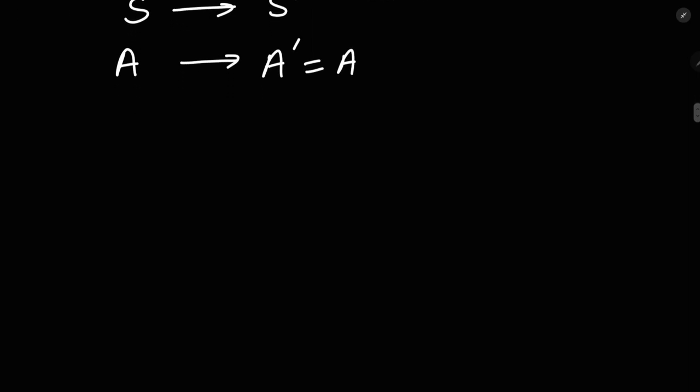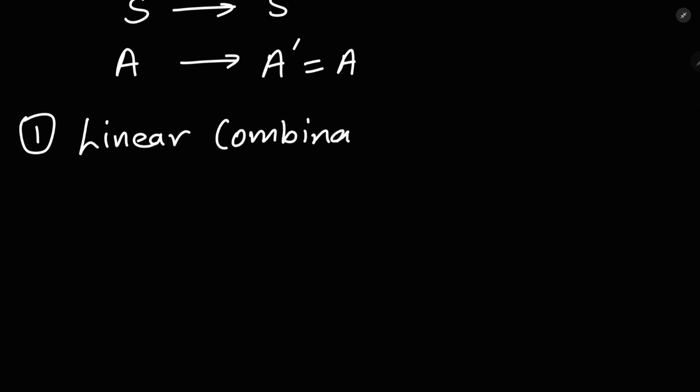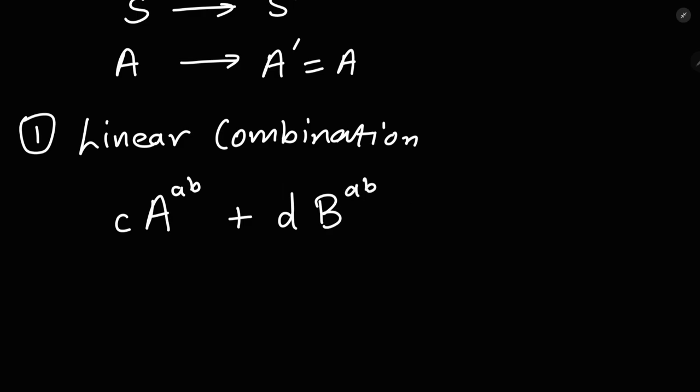Now let's come to the first property of tensors called linear combination. If we have a linear combination of tensors with the same lower and upper indices, then the resulting quantity is also a tensor. What I mean is, if we have, let's say, C times A^{AB} plus D times B^{AB}, where C and D are scalars, then this resulting quantity is also a tensor with the same upper indices, T^{AB}.